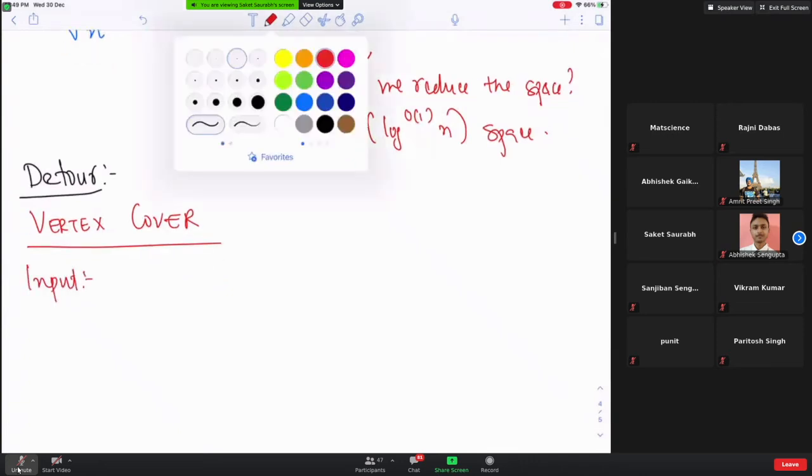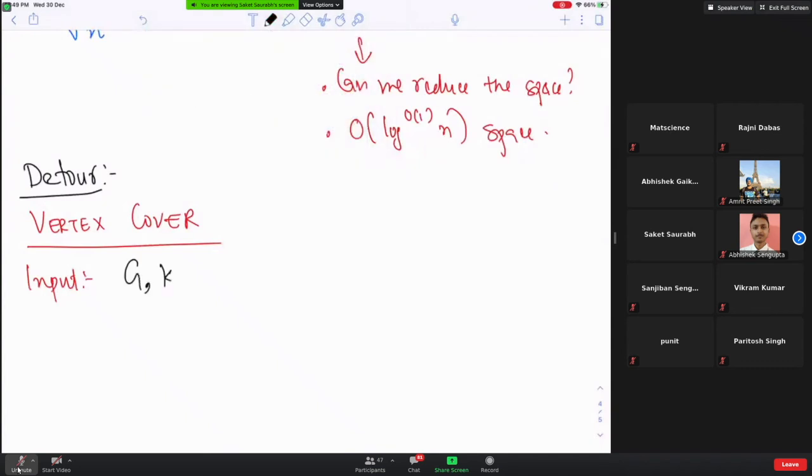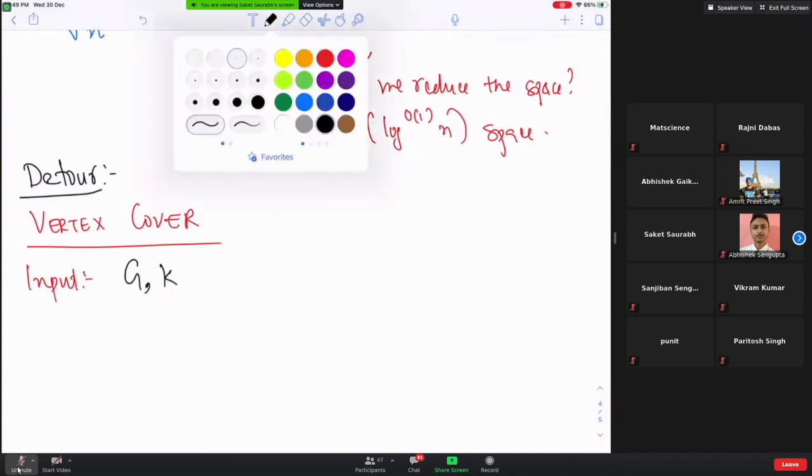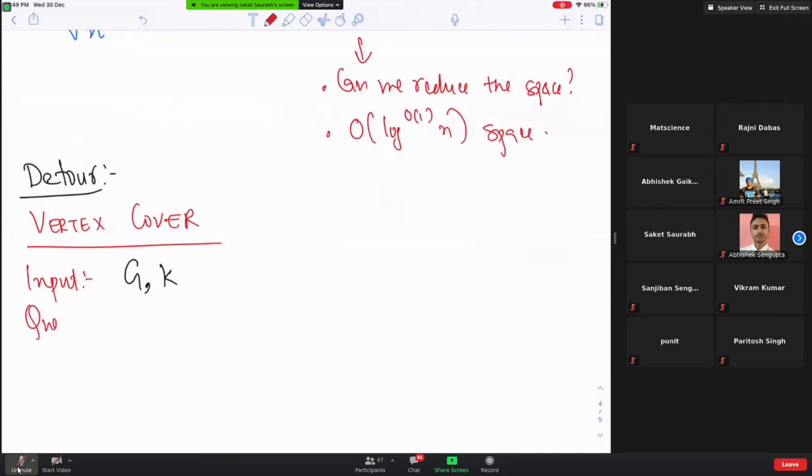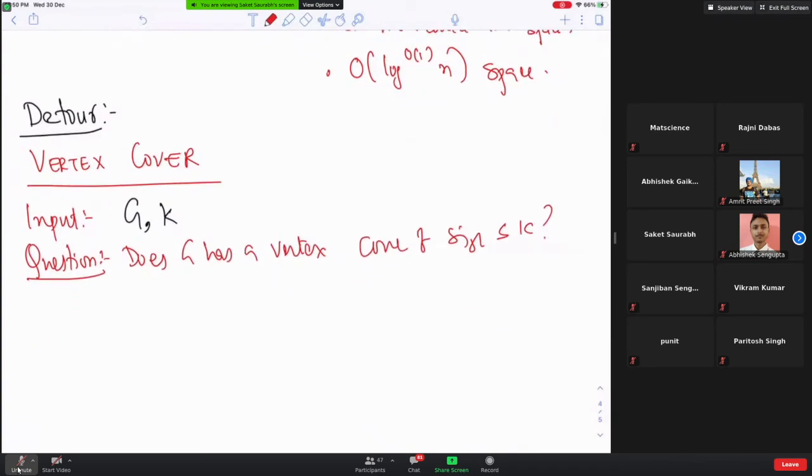My input is G and K, and my question is, does G have a vertex cover of size at most K?